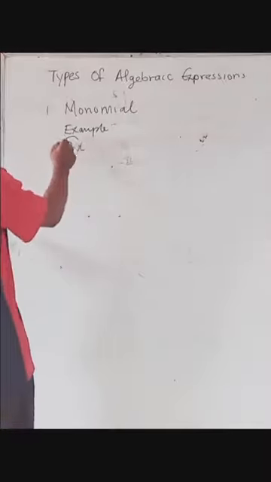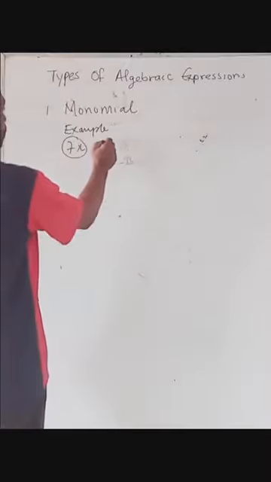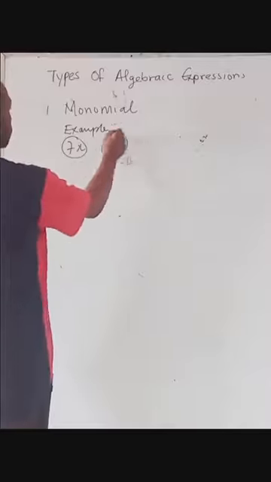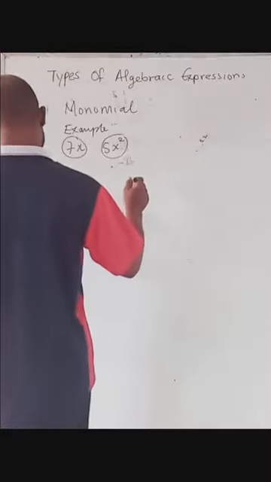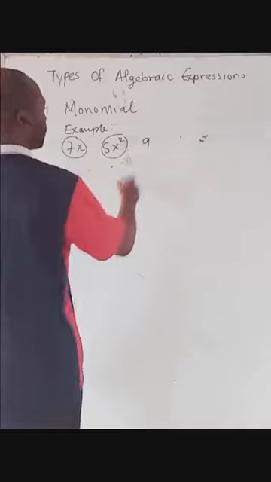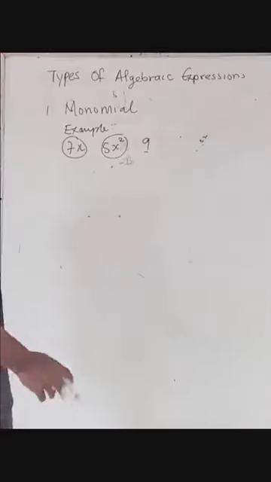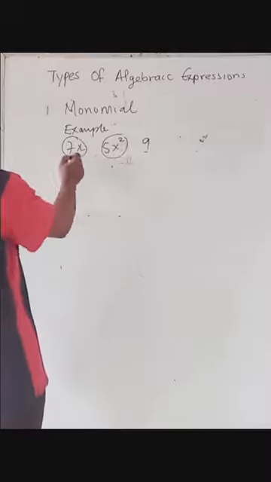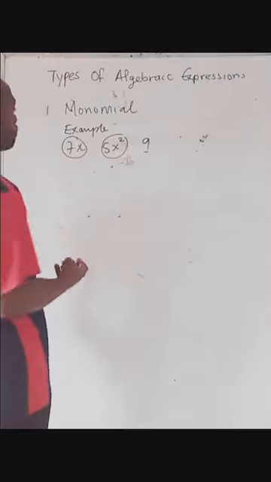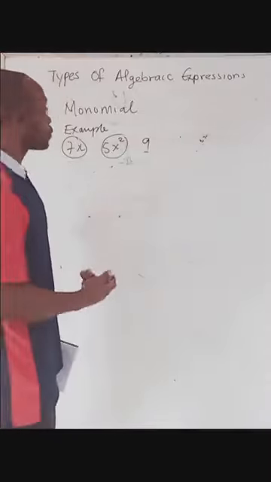It contains just one term, 7 multiplied by x. 5x squared is a monomial. And the value 9 is also a monomial. 9 is a constant. So an algebraic expression that contains one term or single term is referred to as a monomial.